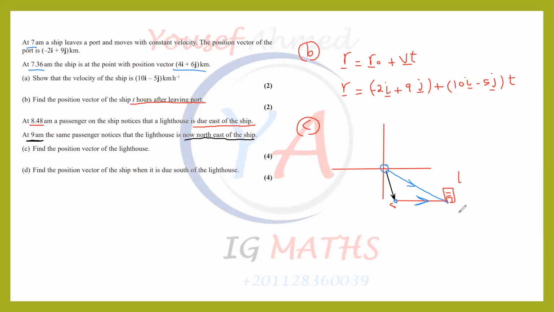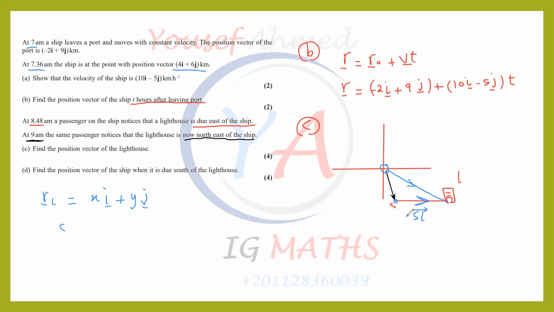We will consider the position vector of the lighthouse, RL, equal to xi plus yj. Let's get the displacement, this one, the vector SL, the ship and the lighthouse.